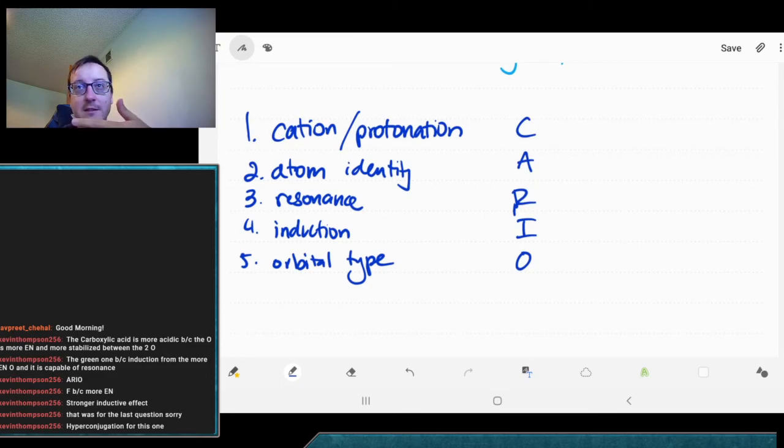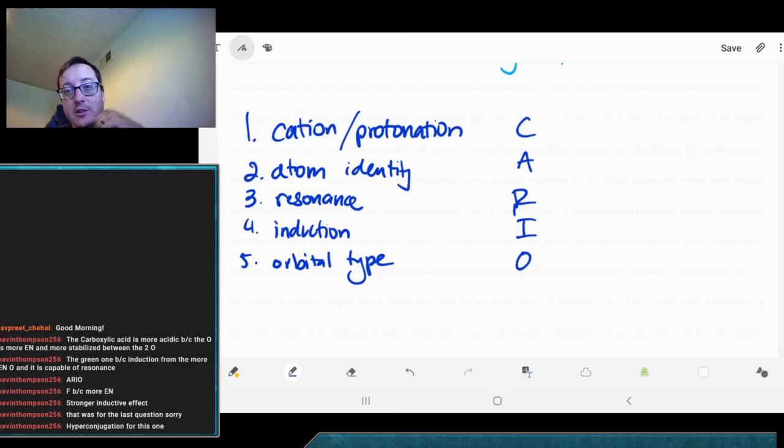Then, resonance. Can it resonate? Can one resonate and not the other? Or can both resonate and one has better resonance? That's what we're looking at there. For induction, we're looking at, do we have an electron withdrawing atom, like a halogen, nearby, that's pulling electron density away?